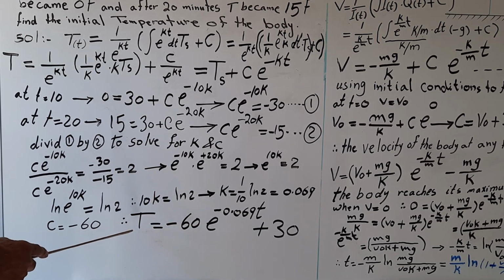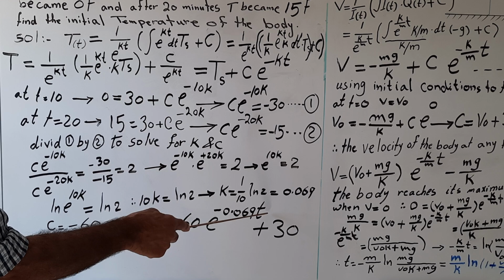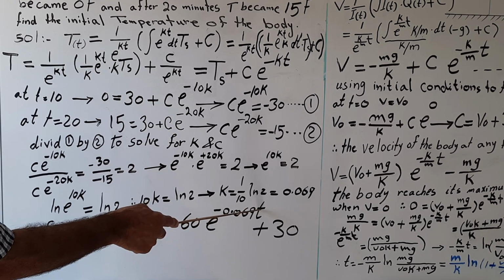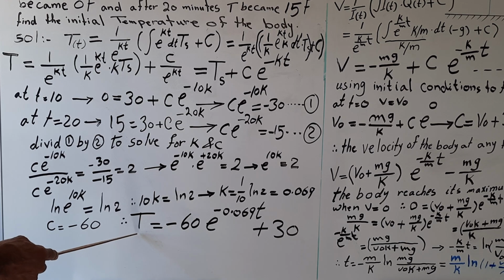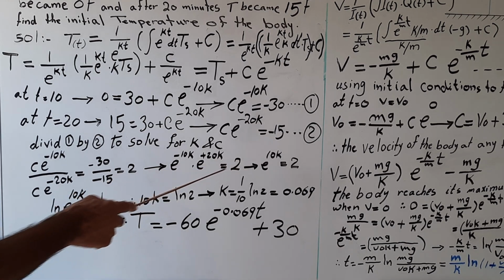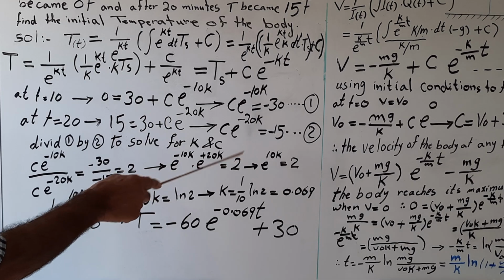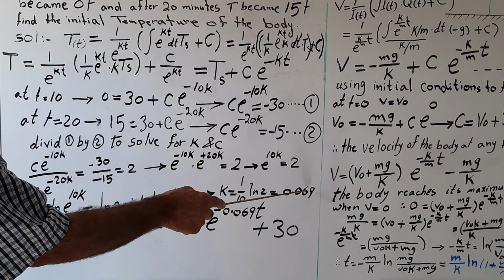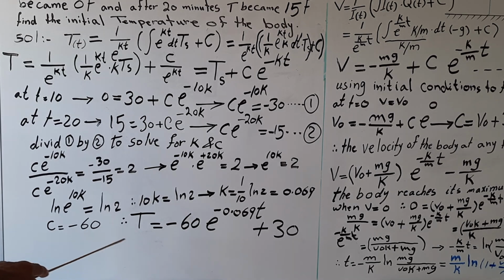The temperature at any time, you just plug the time here, you will get the temperature. And so here we found K and C equal 0.069 and C equals minus 60.